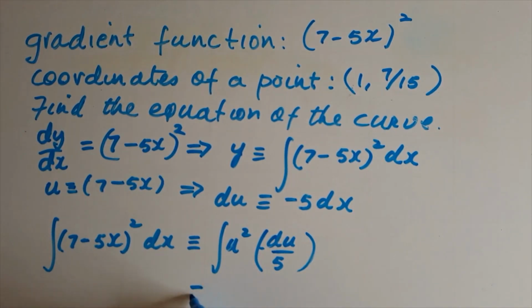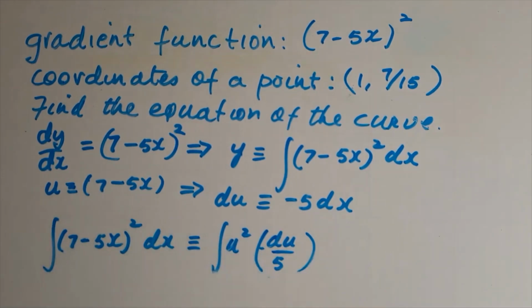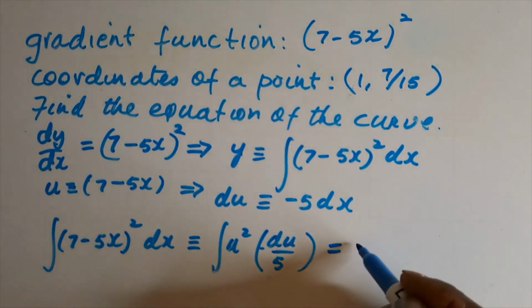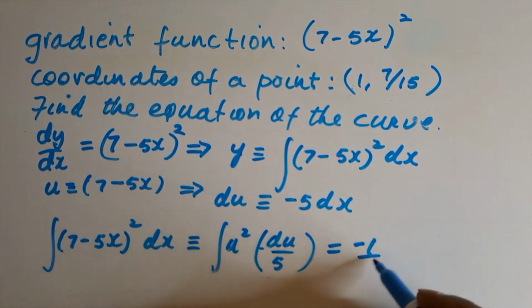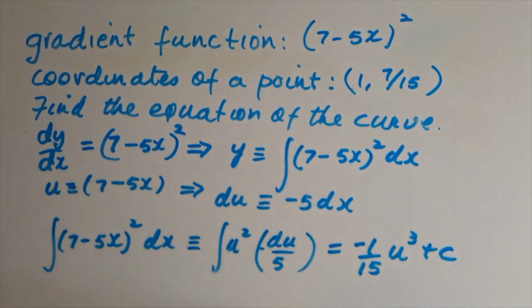And if we integrate that, we have negative 1/15 u cubed add c. Let me just write that to the side here. Minus 1 over 15 u cubed add c.